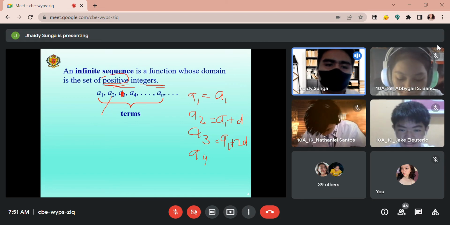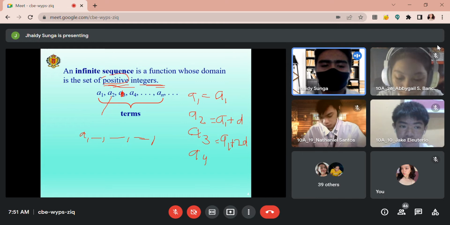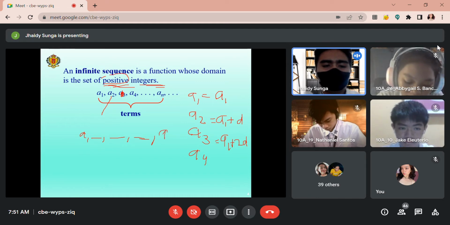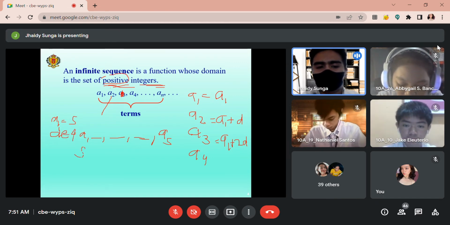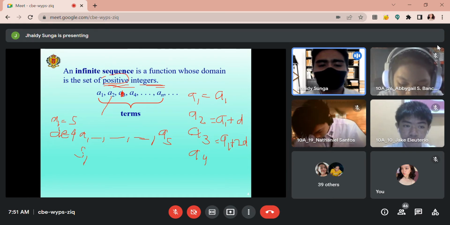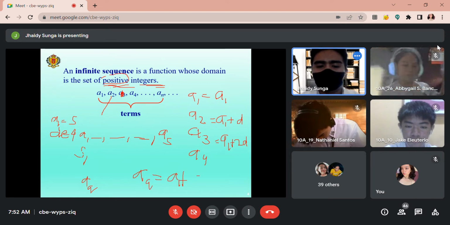For example, take a sub 1 up to a sub 5, with a sub 1 equal to 5 and the common difference 4. You could simply add, but if you are to find, for example, a sub 9, a sub 9 is equal to a sub 1 plus 8d.